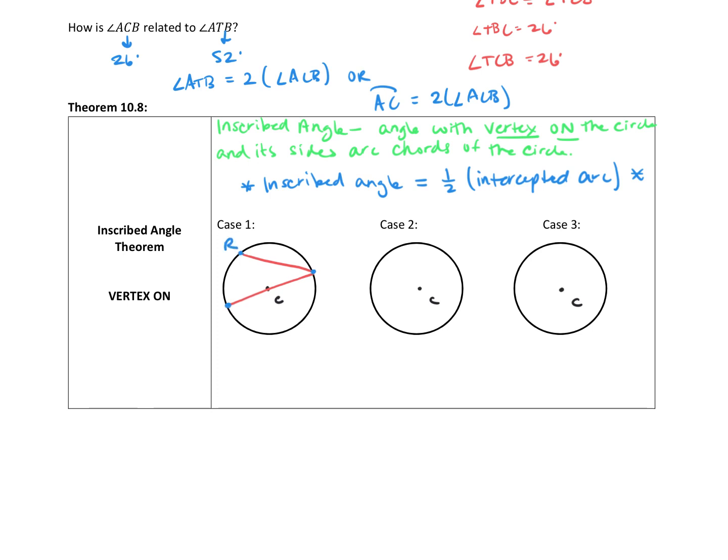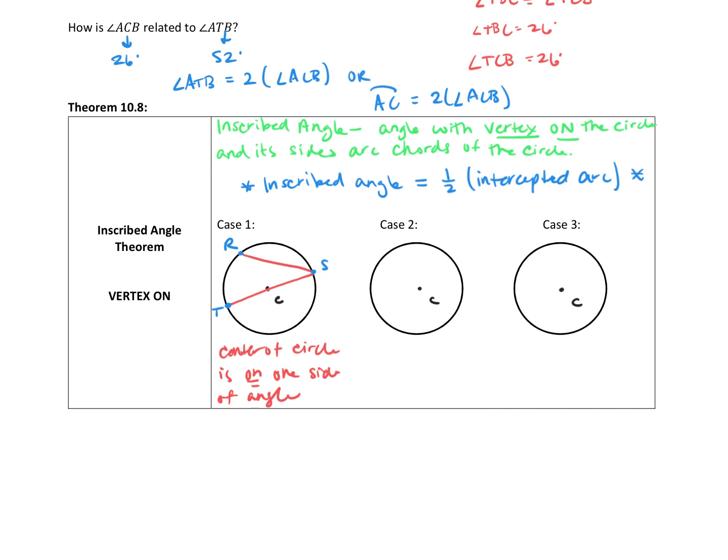This is R, S is the vertex, and T. So in case 1, the center of the circle is on one side of the angle. So you can see here's the center of the circle, here are the 2 sides of the angle. The center is on one side of the angle.